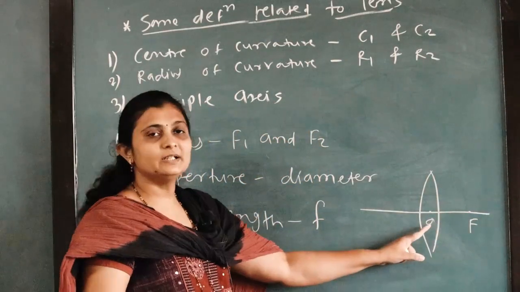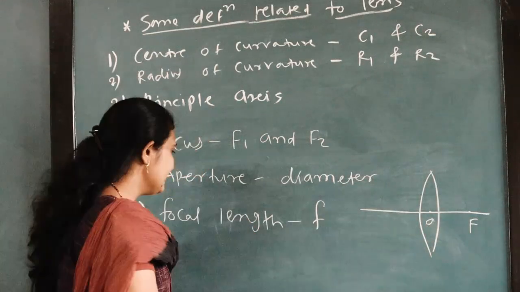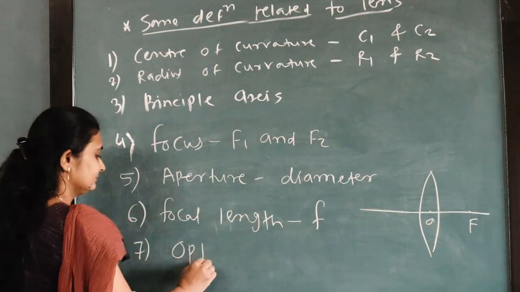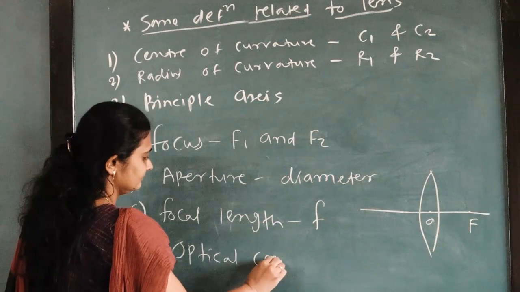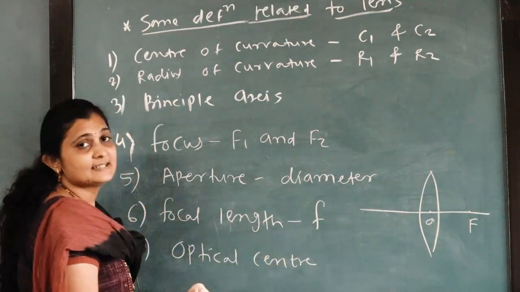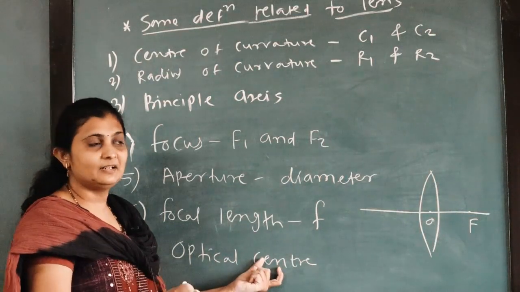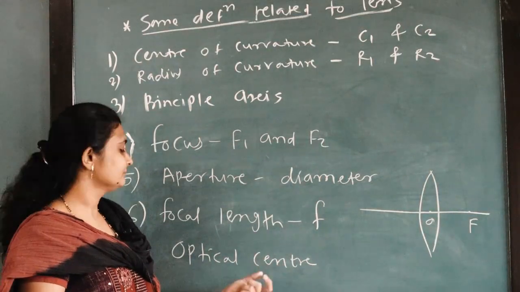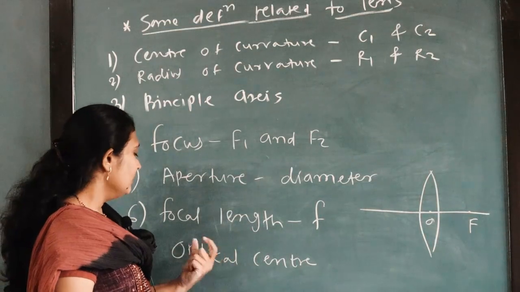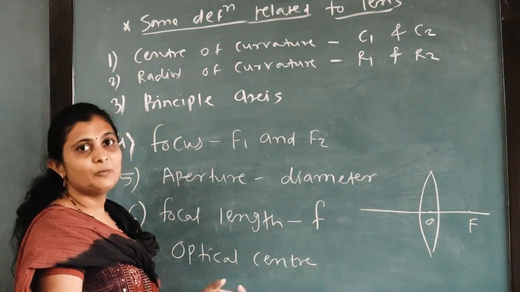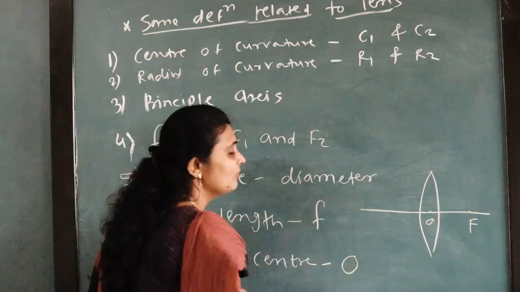Now this center of the lens is called the optical center. The center of the lens is called the optical center. In a mirror we called it the pole. Mirror pole, for a lens it is called the optical center, capital O.